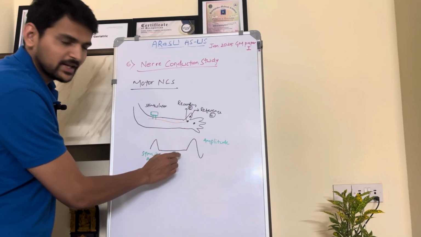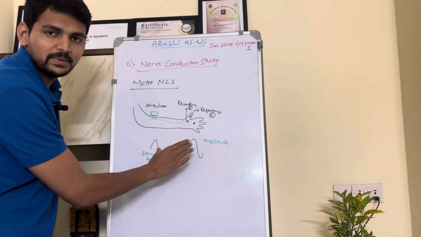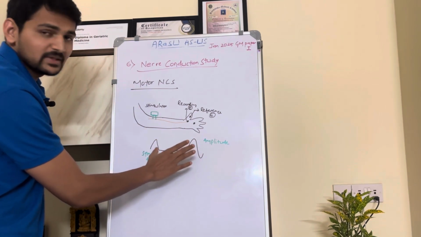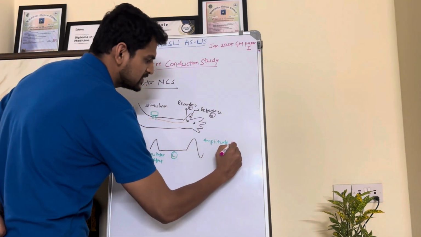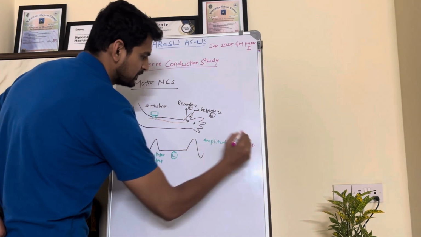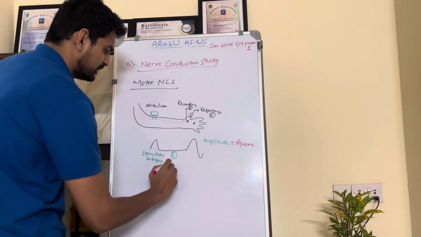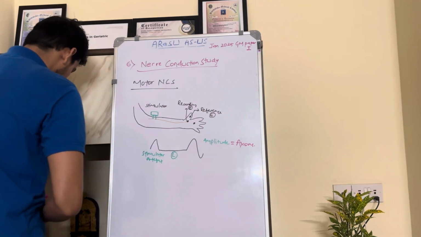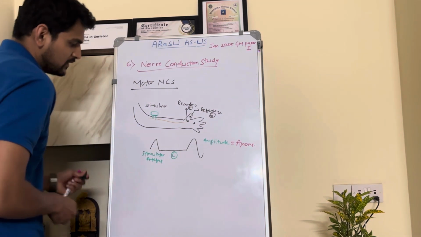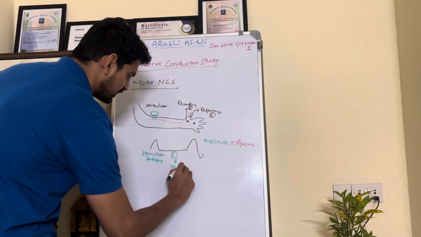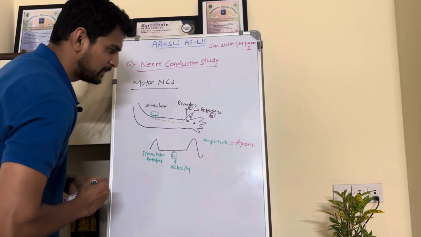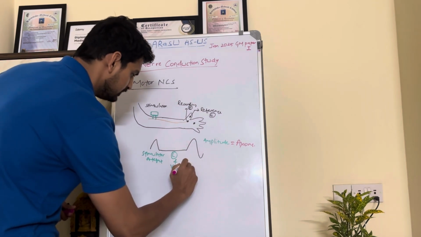If there is demyelination, we can expect blocks and latency will be prolonged. So this is the basic concept. To simplify, amplitude reflects axons, and latency and velocity reflect myelination. This flat line is utilized to measure both latency and velocity, and these imply mainly the myelination.